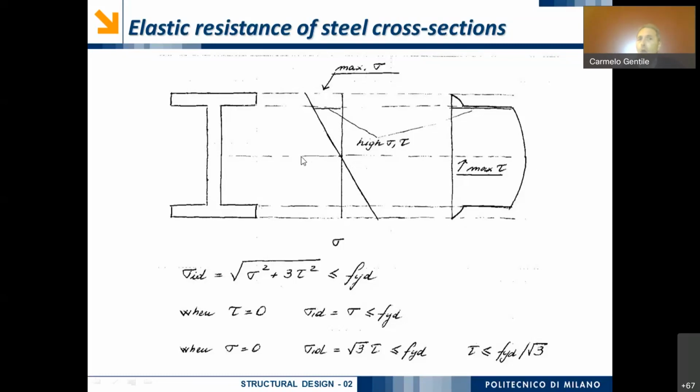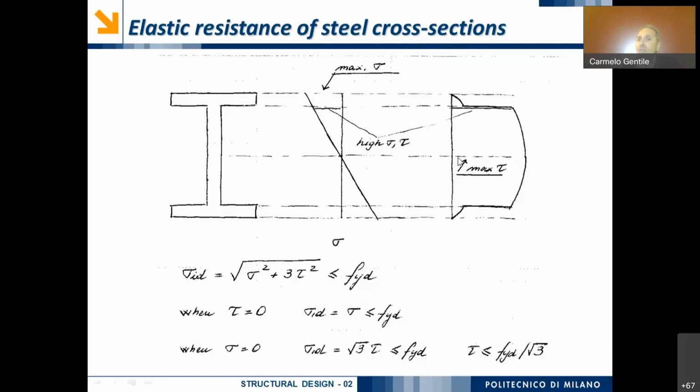But generally, we have also to consider the case here, for example, at the connection between the web and the flange. We have that position in which we have a normal stress which is approximately equal, not so far from the maximum value of the normal stress, and also the shear stress is not so far from the maximum value of the shear stress.